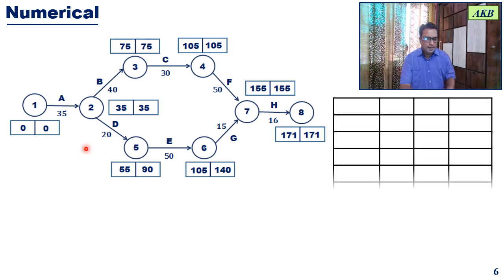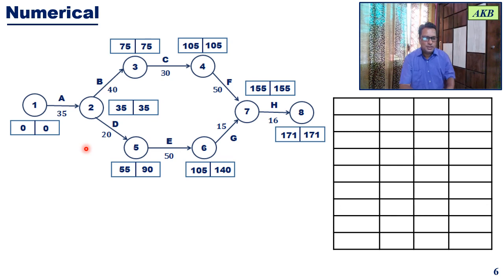Okay. Now we will prepare a small table. And what are we going to include in that table? We will write all the events. We will write earliest event time for all the events. We will write latest event times for all the events, and finally we will calculate slack for all the events.